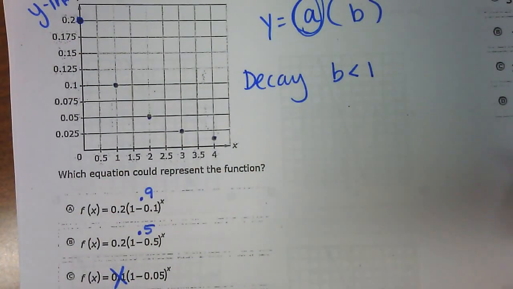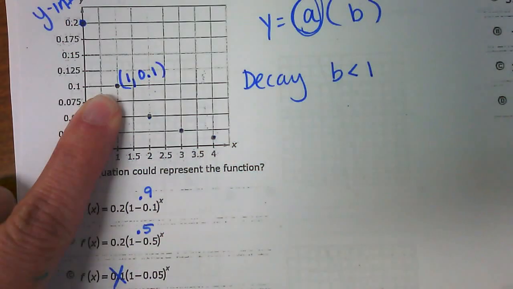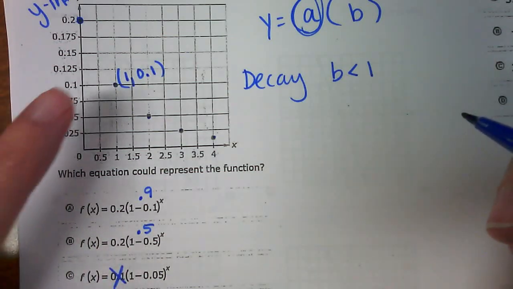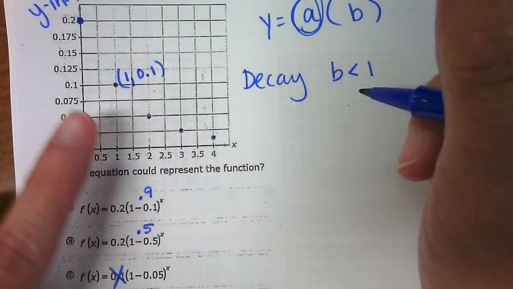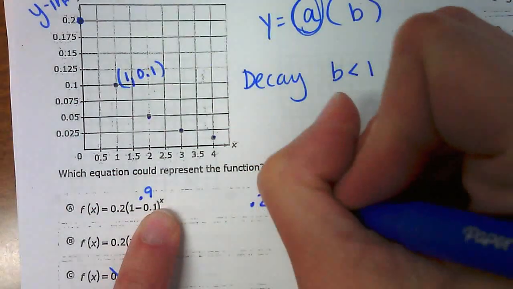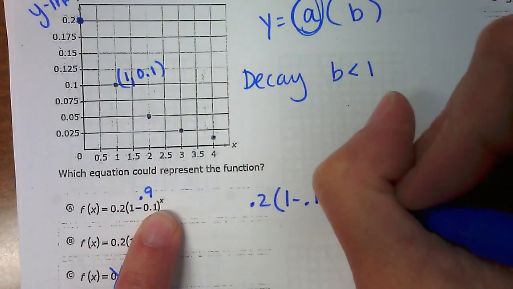So what I could do is I could plug in some values. If I look at this point, it is (1, 0.1). So if we plug in a 1 for the x, we'd have 0.2 times (1 minus 0.1).